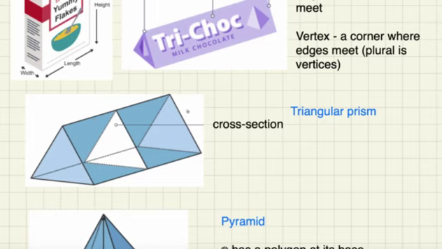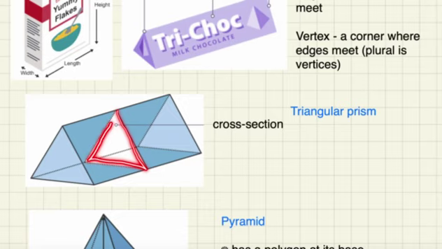I'm sure you've seen this shape around. This is a prism. It's a triangular prism. And it looks very similar to this Toblerone type of chocolate bar. And this shows that if you were to cut this down the middle or somewhere along its length, then this is known as a cross section.